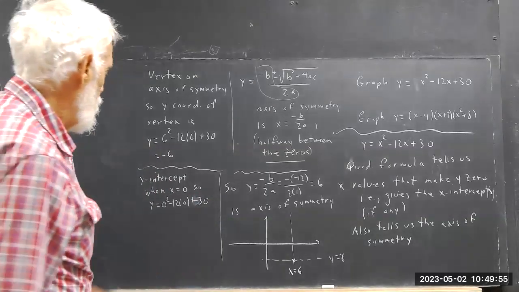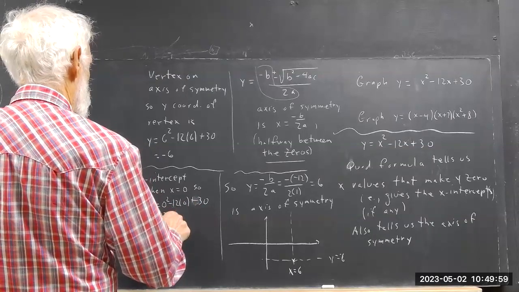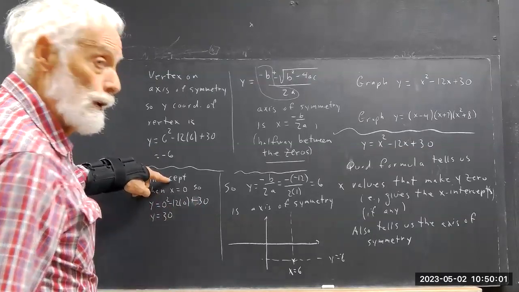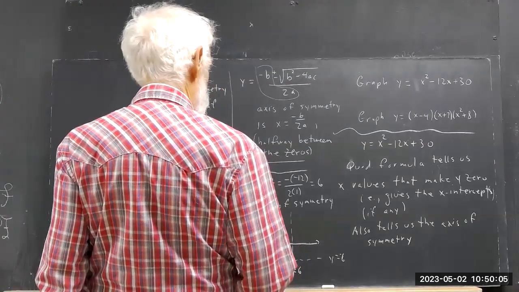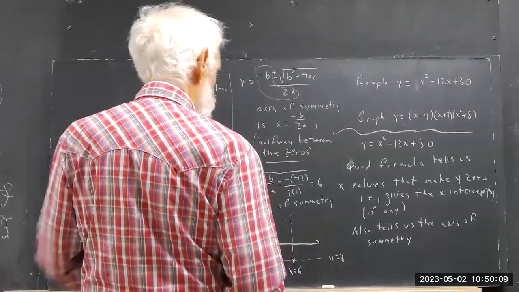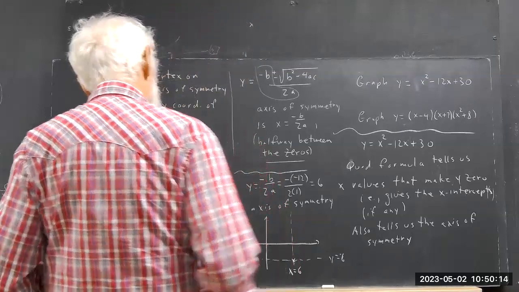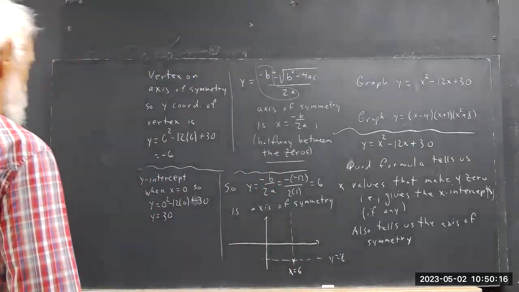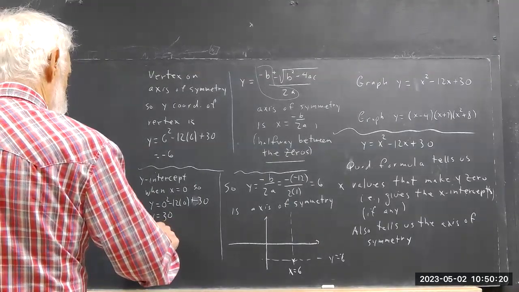Get y equals 30. X is 0, y is 30. So now I've kind of shot myself in the foot because if this is 6, 30 is up about here. So maybe we sketch another graph.